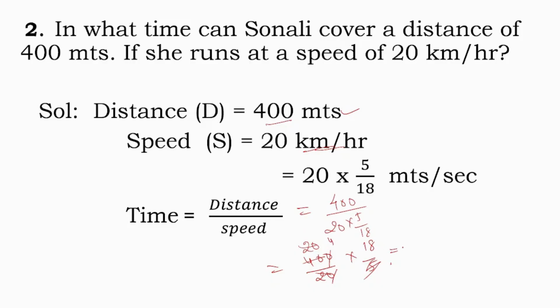So 4 into 18 is 72 seconds, or 1 minute 12 seconds. Because 60 seconds is 1 minute, 1 minute 12 seconds or 72 seconds is your answer. Now we discuss further advanced problems in this topic.